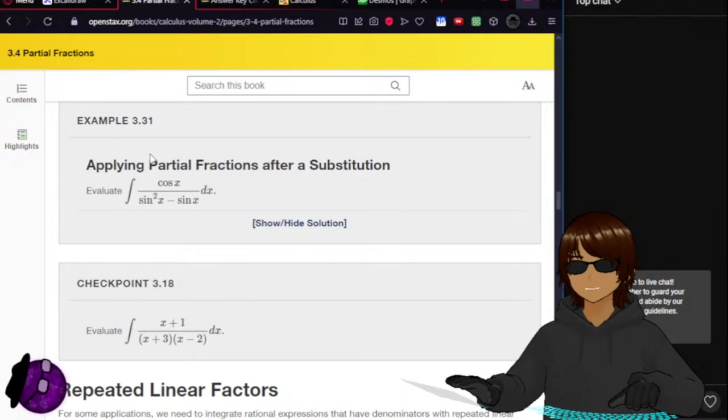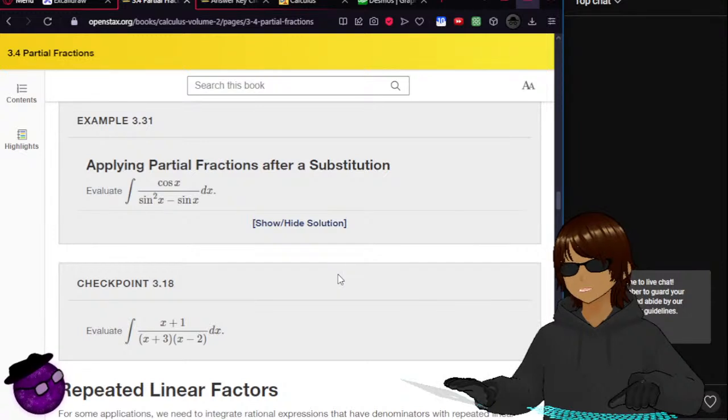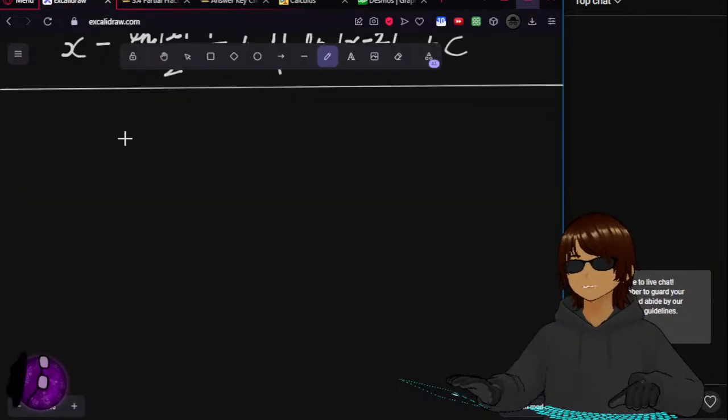Applying partial fractions after a substitution. Should I do this one? It seems tough, so let's just try it. Cos x.